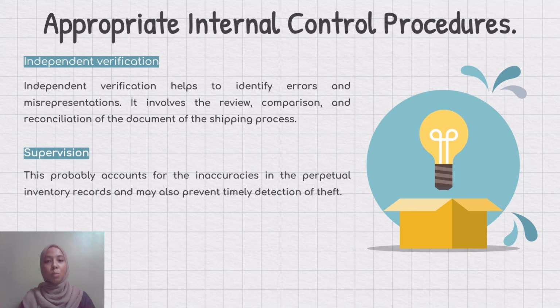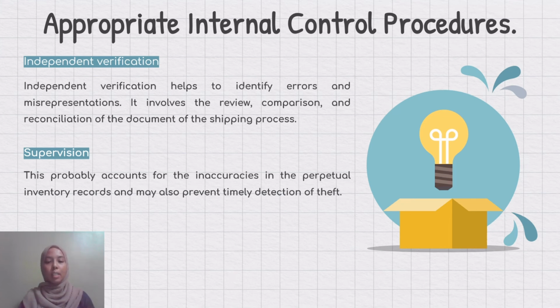Besides that, SSU Berhad should do independent verification to avoid unauthorized ordering of goods which can expose the business to employee fraud. This is because independent verification helps to identify errors and misrepresentations, as it involves the review, comparison, and also reconciliation of the documents of the shipping process.